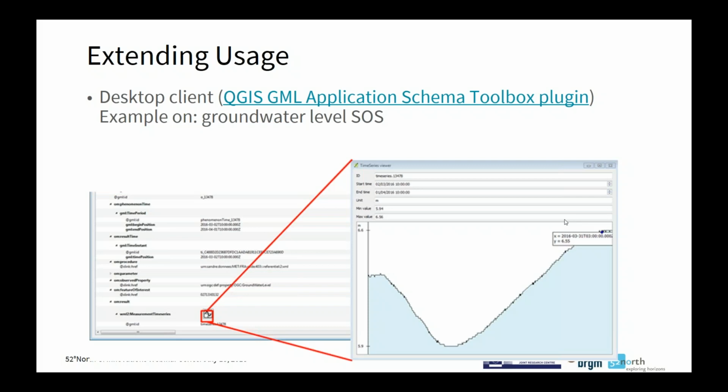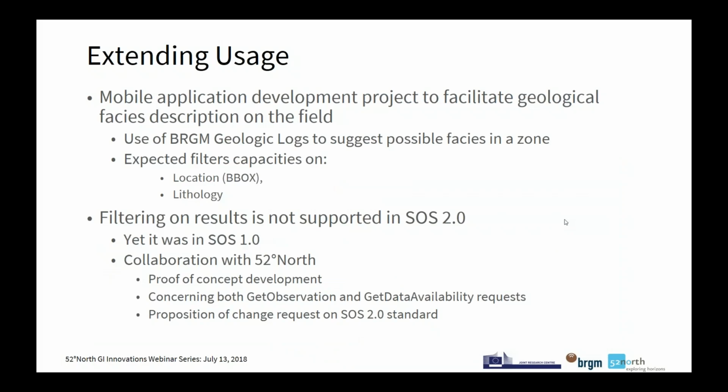So it can provide you a possibility to retrieve your source servers and to get directly representation of the observation, especially for time series. So for time series, we're also trying to extend it to have a proper representation of borehole logs, things we are really using much in the BRGM.